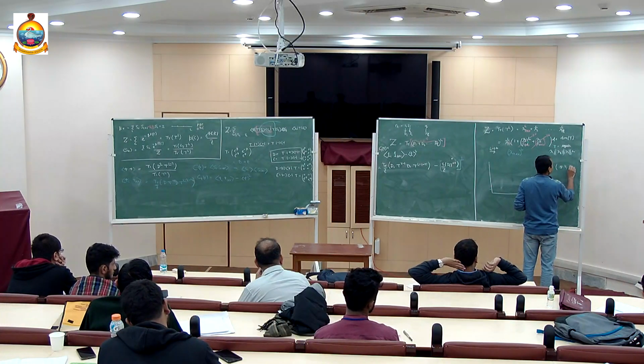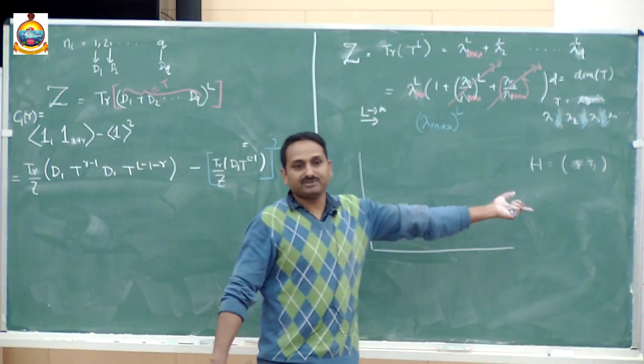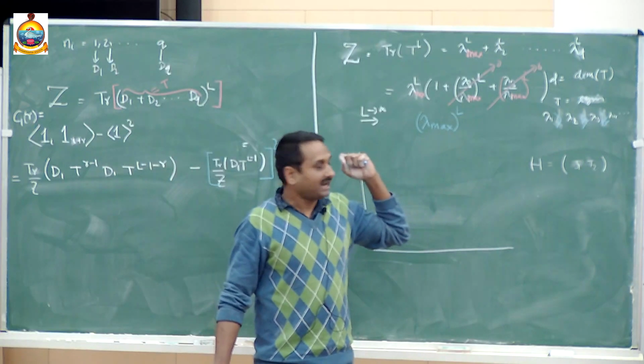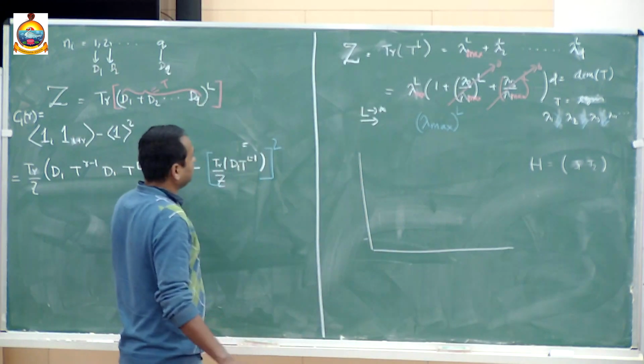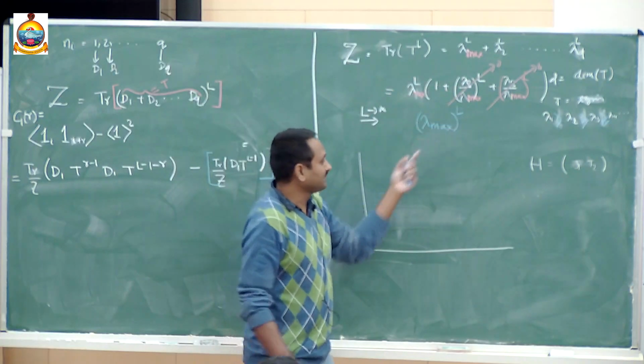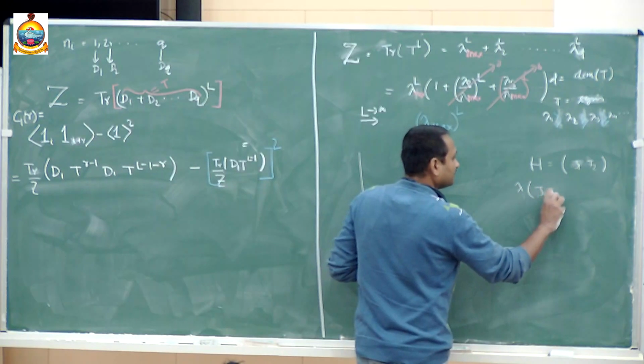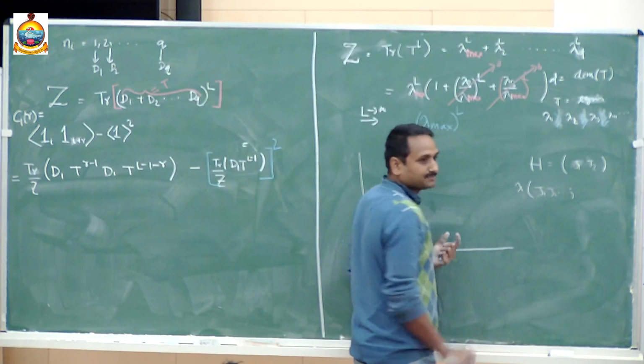So all the parameters of the Hamiltonian are there. Now, if the Hamiltonian has some parameters, the eigenvalues of T are all functions of those parameters in the Hamiltonian, like J1, J2, whatever.